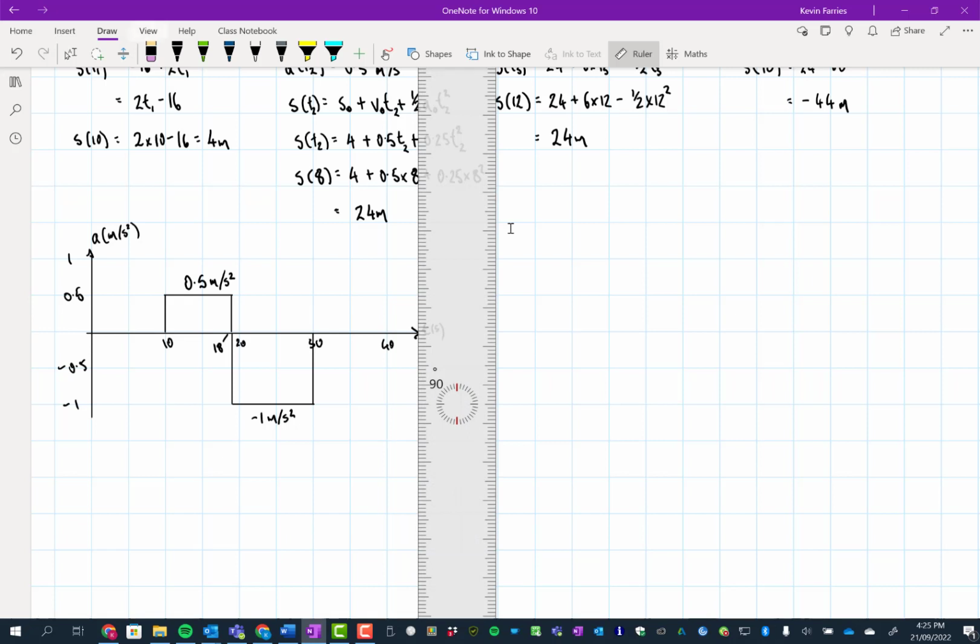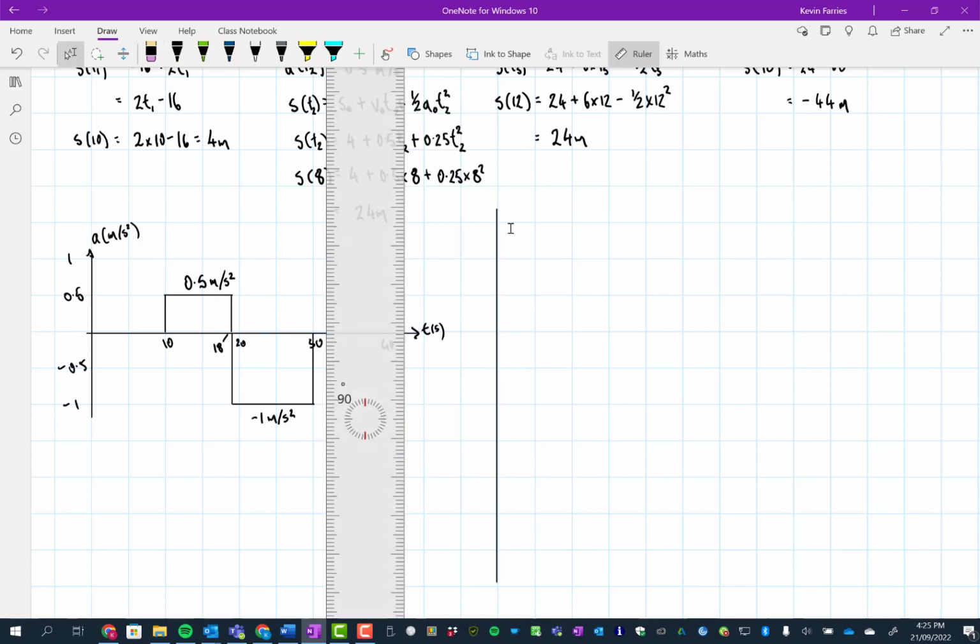So that would be 10, 20, 30, 40 and 50, and this is displacement in meters. We're going to go -10, -20, -30, -40, -50.